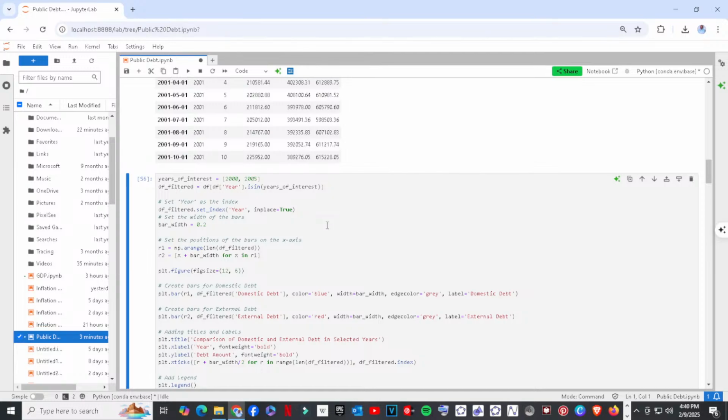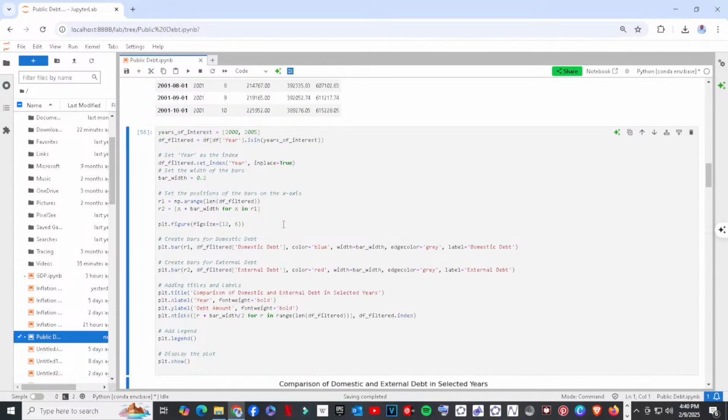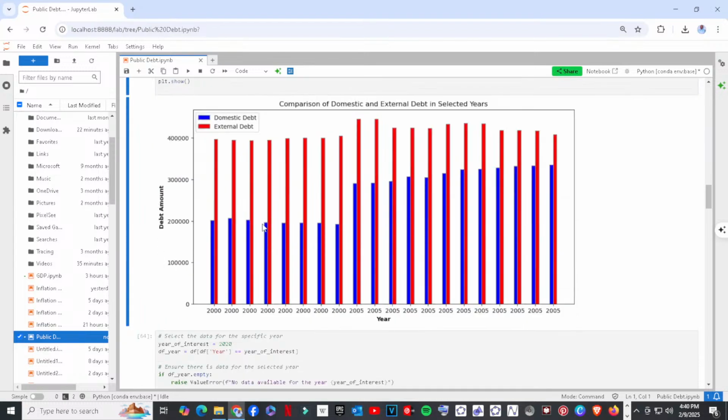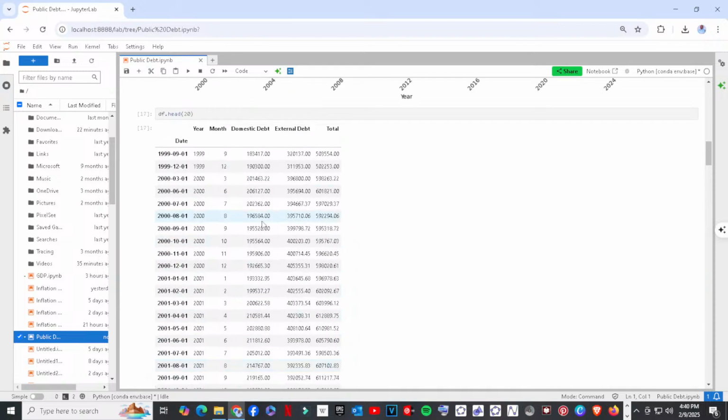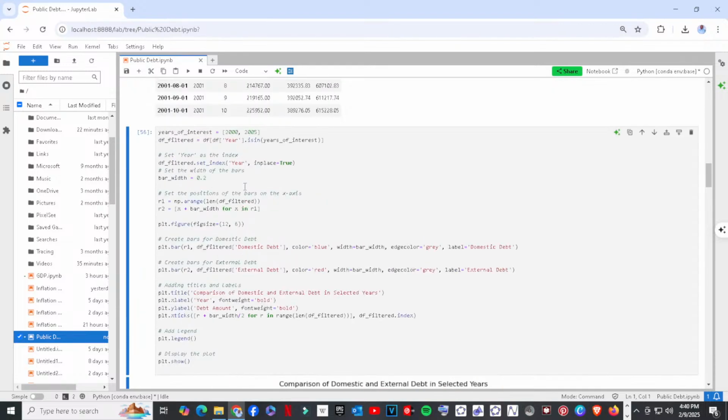So I want to do what we call comparison of domestic and external debt in selected years. We have the latitude to choose which years to compare.